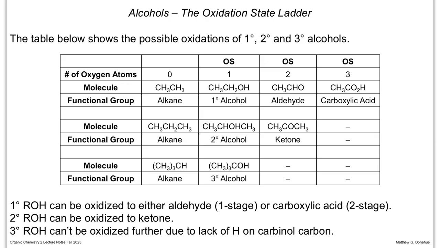So here's our oxidation state chart. These empty cells are what differentiate us moving horizontally. If we start with an alkane, so ethane, hypothetically we can oxidize a carbon up to a primary alcohol. So it's now at oxidation state 1.